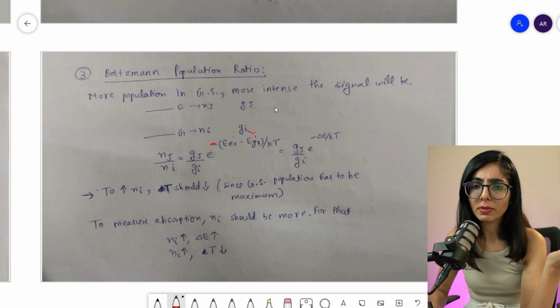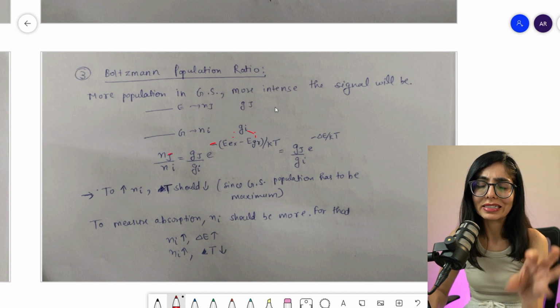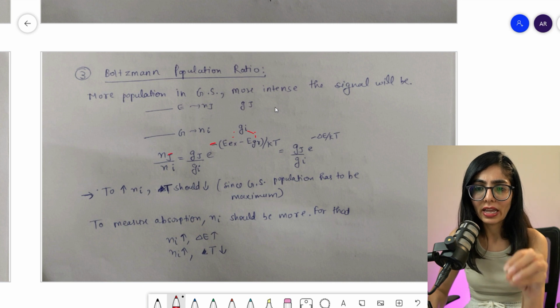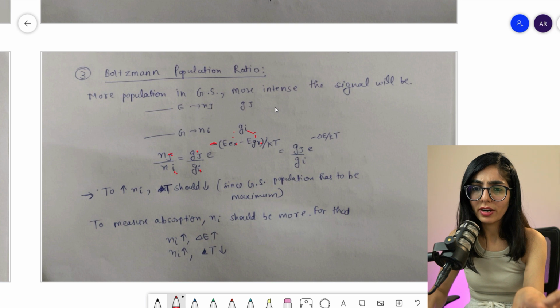So always write it in this form. This is the simplest and easiest form, that is Nj by Ni: excited state, ground state. Then Gj by Gi, e raised to the power minus del E by kT.